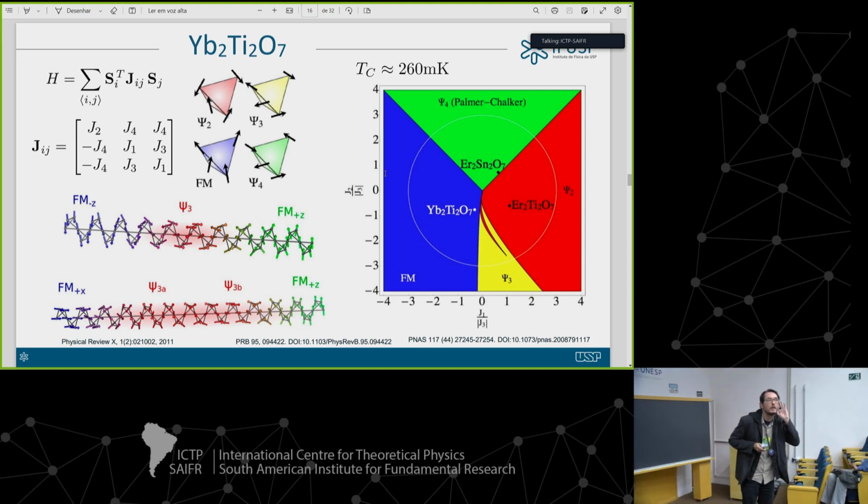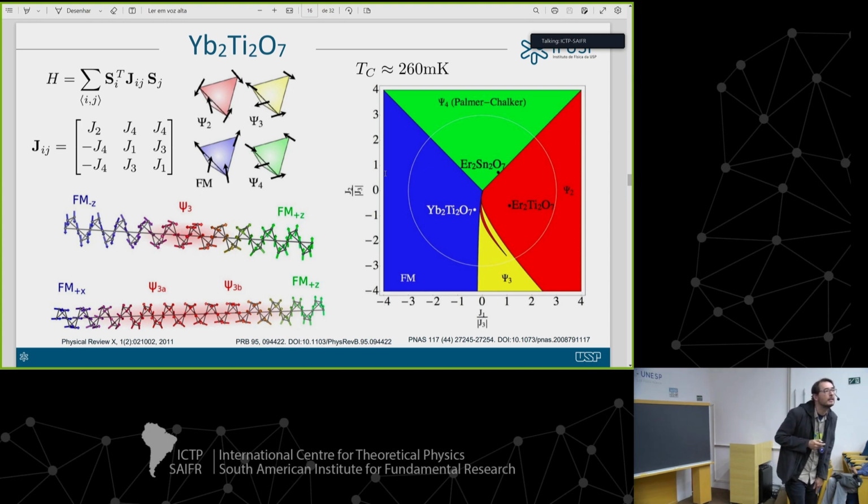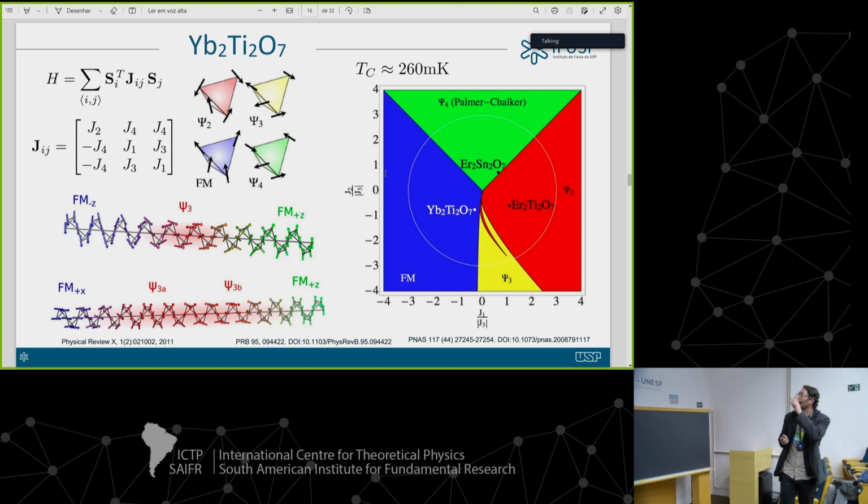Say again. It's a kind of domain wall because most of the sample is in the ferromagnetic state. So it's a small region separating them. No, I don't have it with me now, off the top of my head.